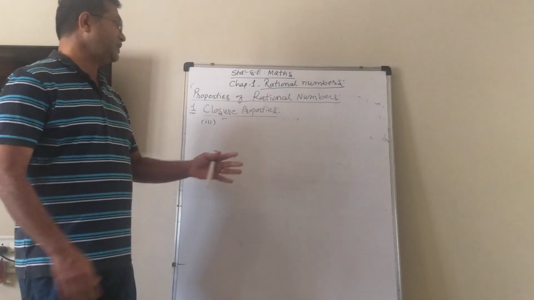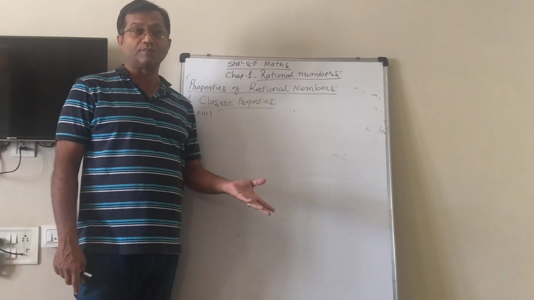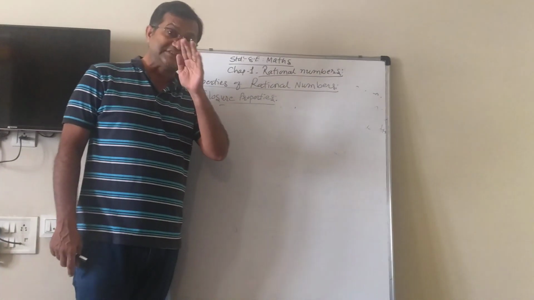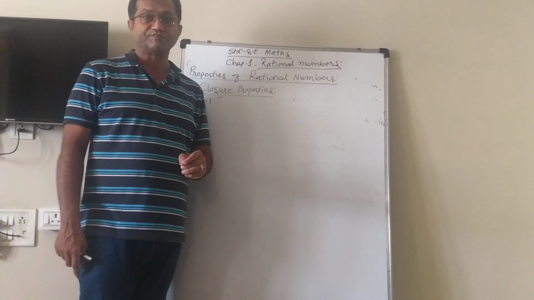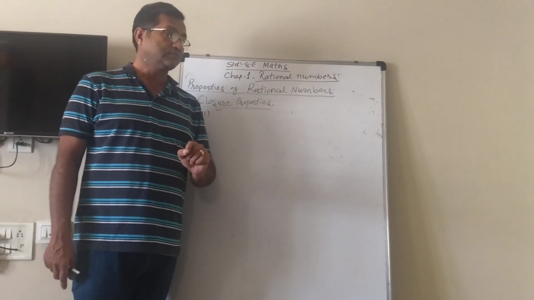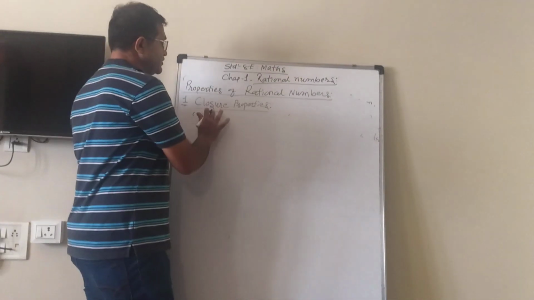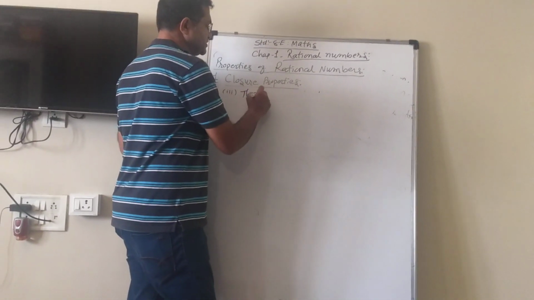We learned from the beginning that we cannot divide any number by 0. So if you take out 0 from the rational numbers, then this property is true, because only the 0 is making us a problem.